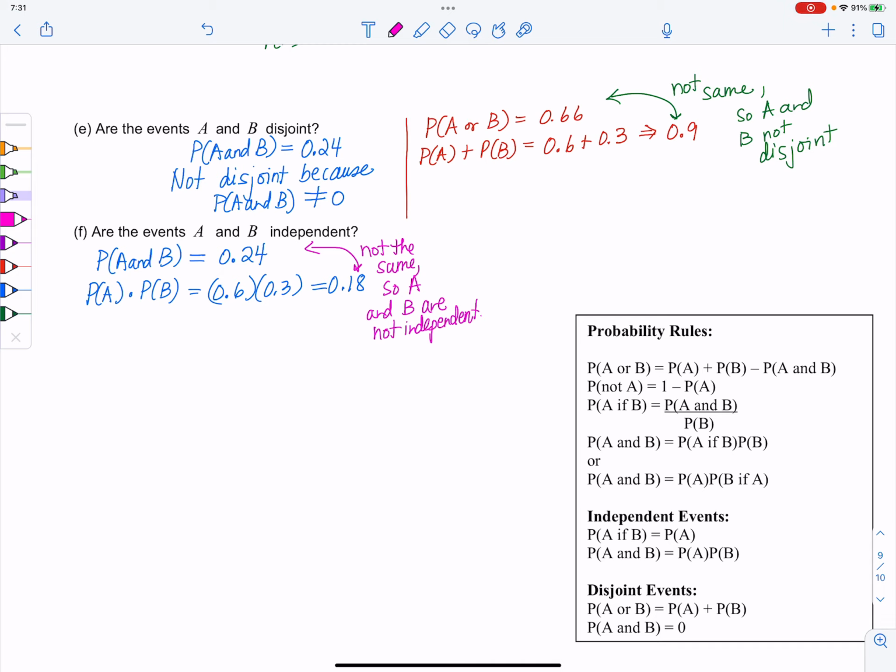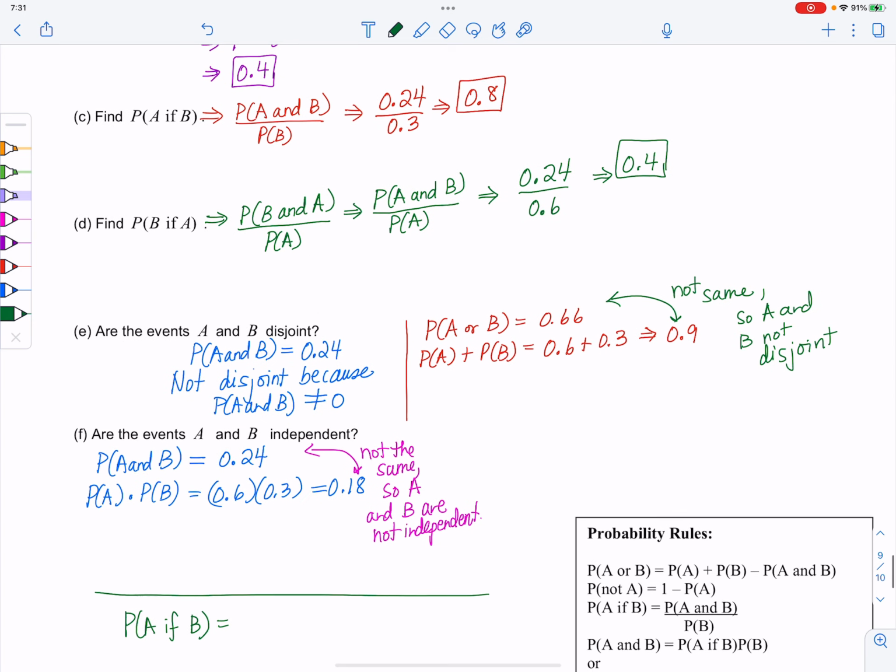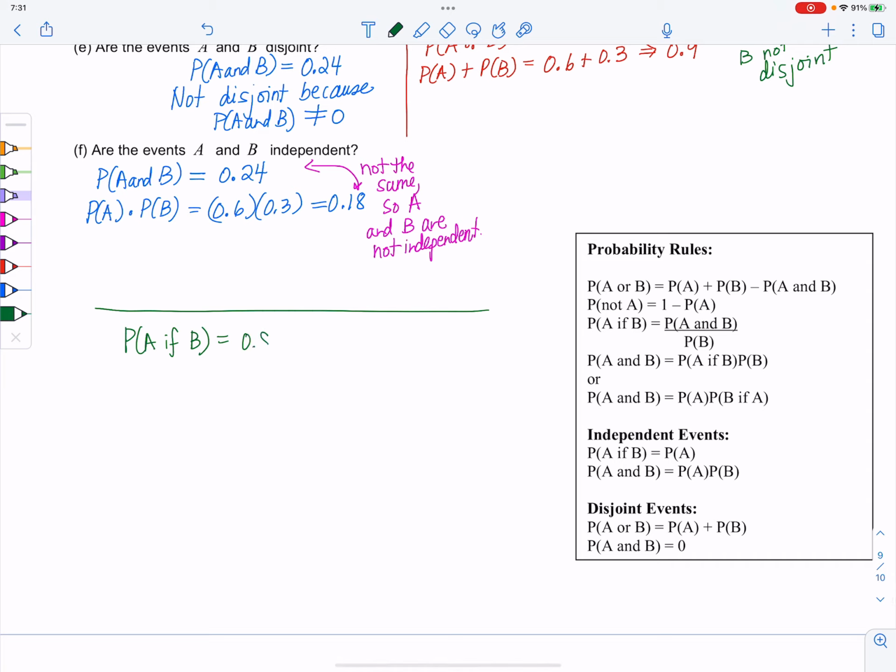You could also show it with the other formula, the probability of A given B. Well, we found the probability of A given B was 0.8, and the probability of A is 0.6. If they're independent, then the probability of A given B should just equal the probability of A. But again, these are not the same.